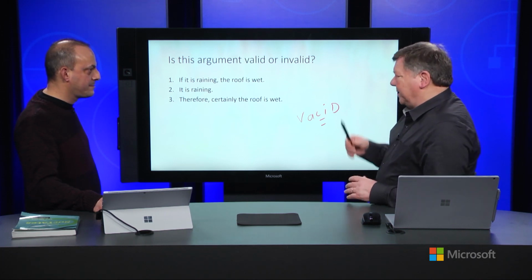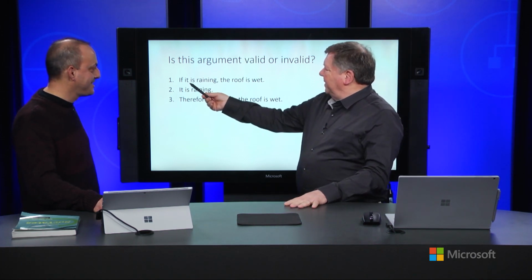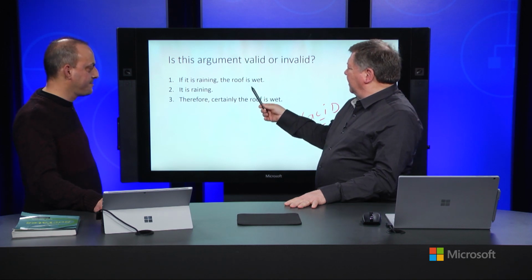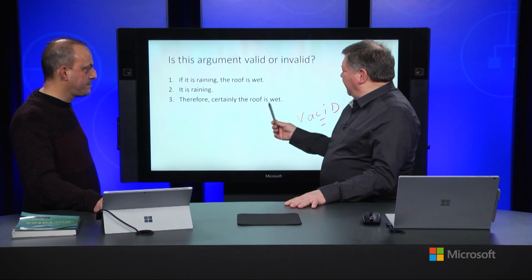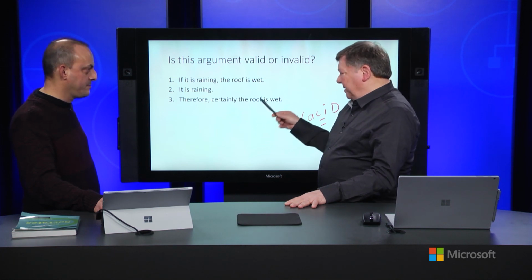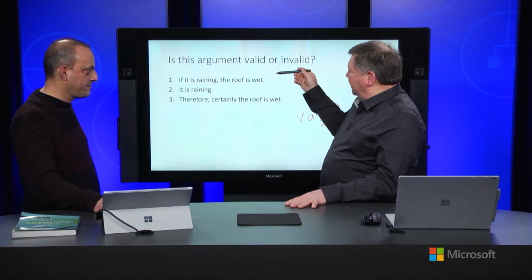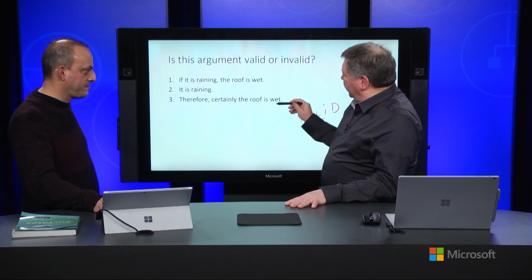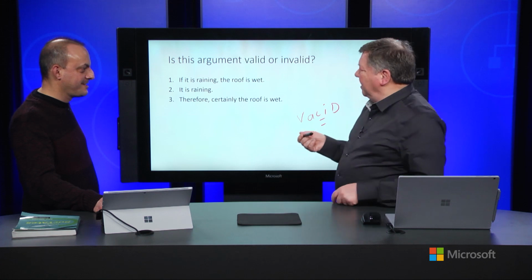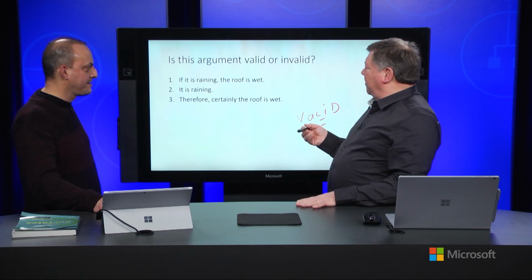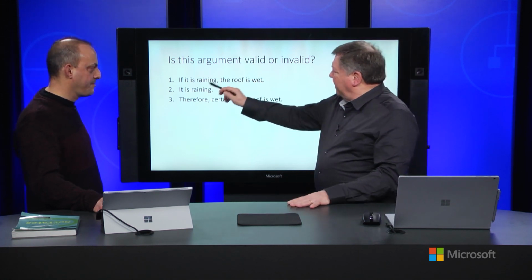A common response to this argument is, okay, if it's raining, the roof is wet. It's raining, and they will say, but the roof might not be wet, and so it's not valid. In other words, they say the premises don't prove the conclusion with certainty. And then I often will say, why? What's the problem here? And they'll say, well, if it's raining, the roof is wet.